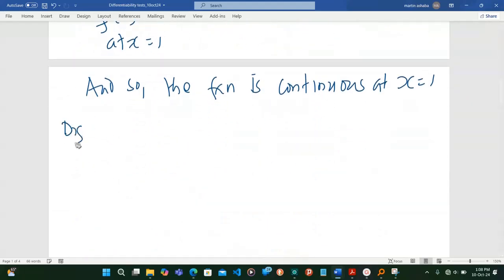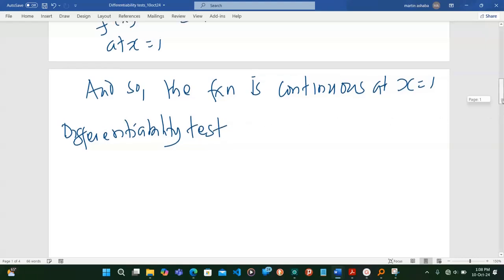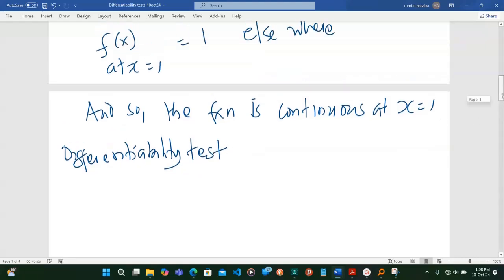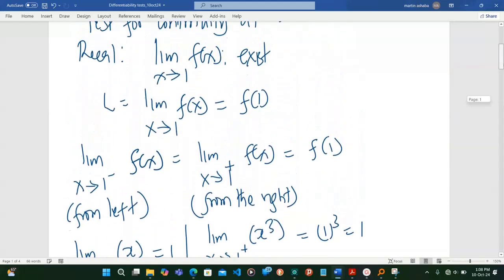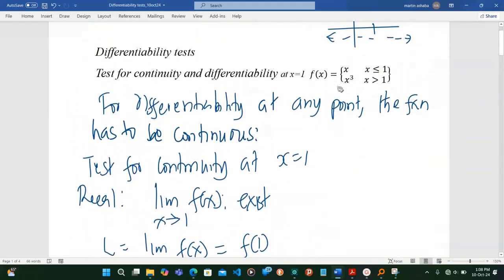So let's look at the differentiability test. The differentiability test says if we get the slope of this function on the right hand side and the slope on the left hand side, the two values must be equal for the function to be differentiable at x equal to 1.